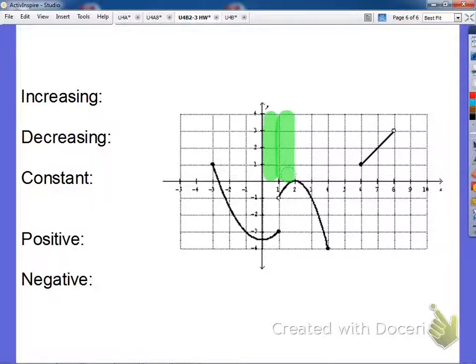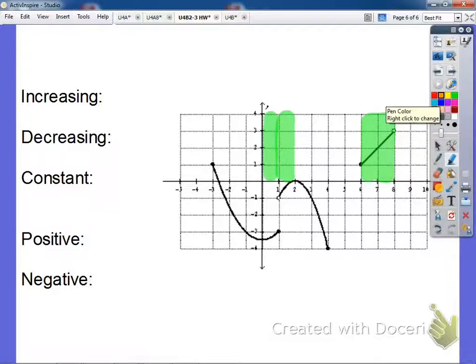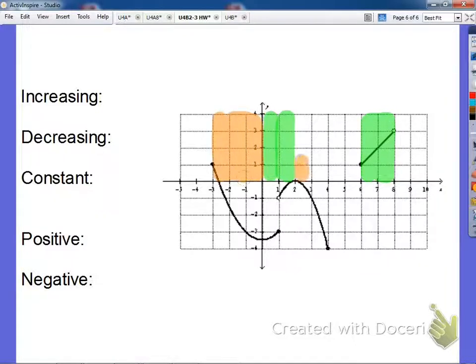You guys agree with me on that? See the graph decreasing from here to here, and likewise from here to here.